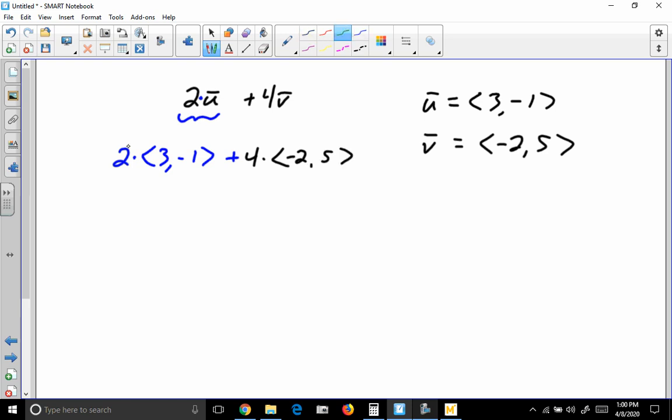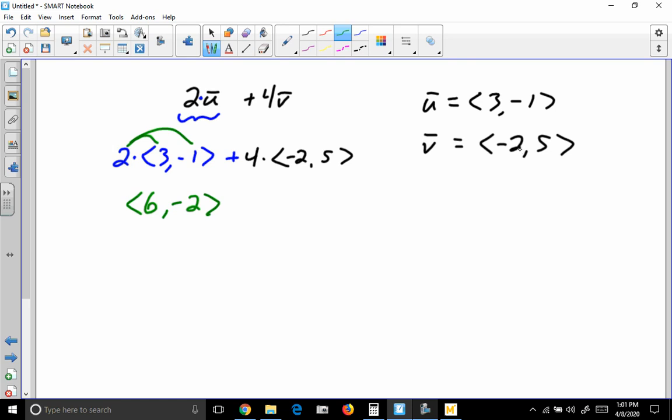So the way this works is 2 gets multiplied times each component. Essentially, we're doing that vector plus itself, or we're drawing that vector twice, which means we're going to go in the x direction 6, and in the y direction we're going to go down 2.